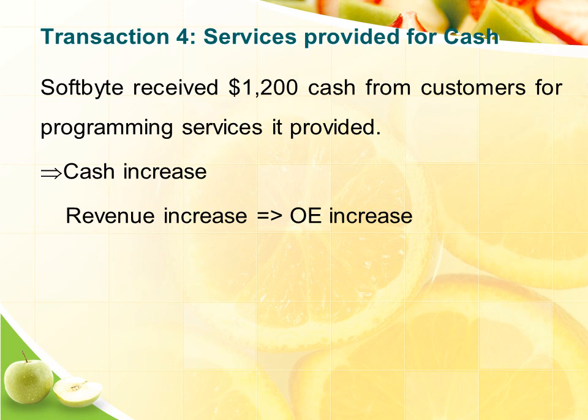Yes, this company provides services for customers, so revenue from the earning process increases. And you remember, revenue is one of the factors that make owner's equity increase. Revenue increases, it means owner's equity increases. So this transaction makes assets and owner's equity increase.